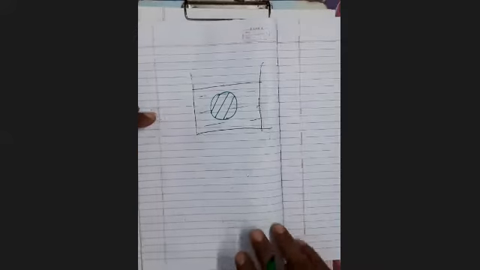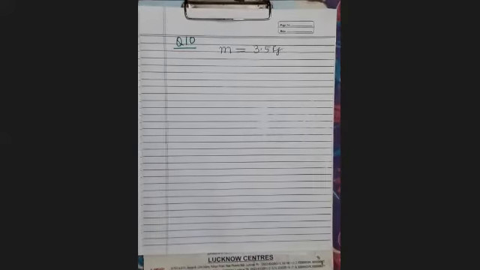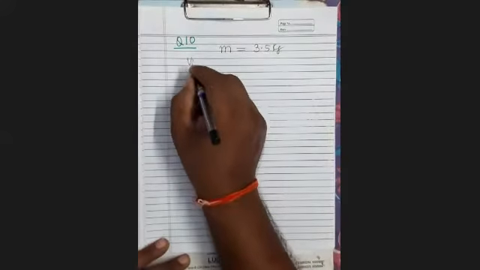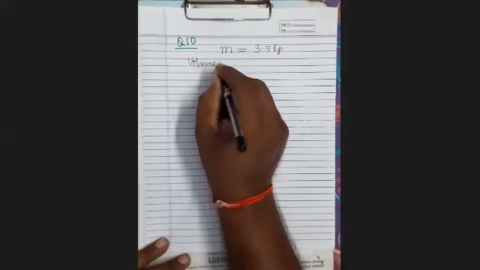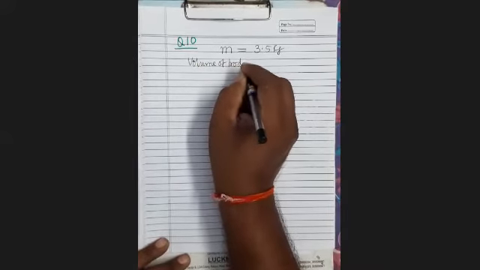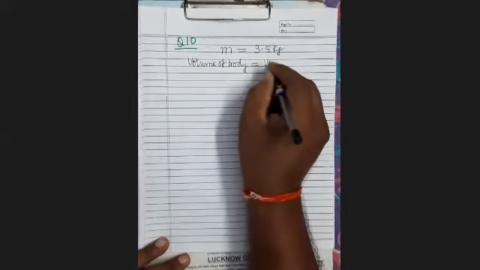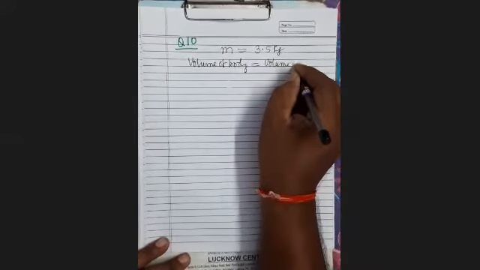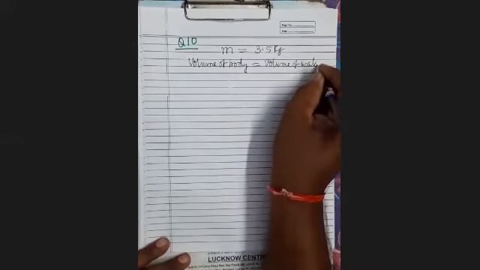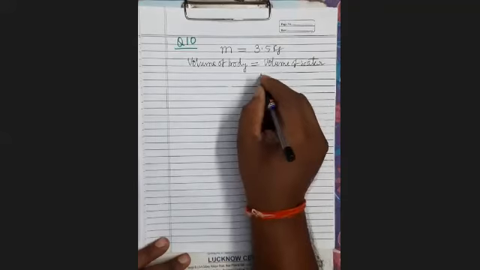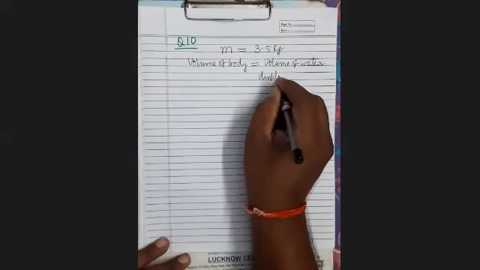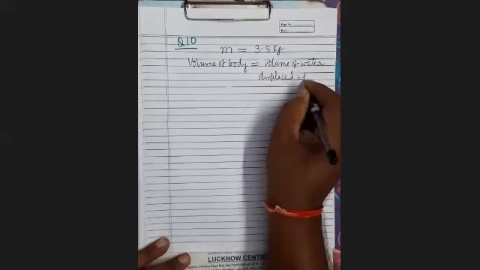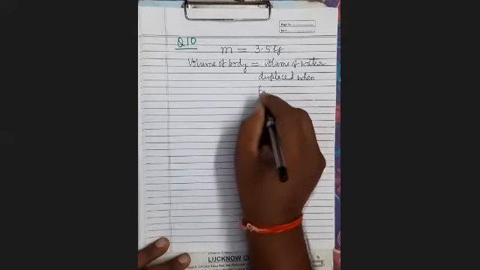It is clear? In the question, it is said that it is displacing 1000 centimeter cube of water when fully immersed. Therefore, we can write volume of body equals to volume of water displaced when fully immersed.